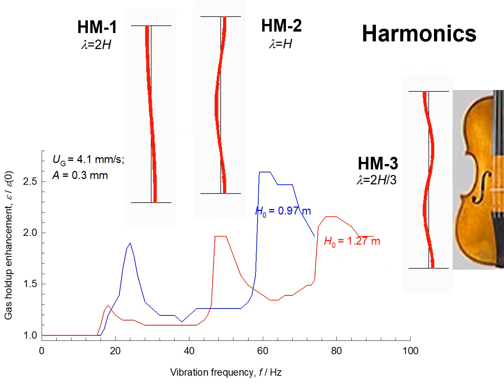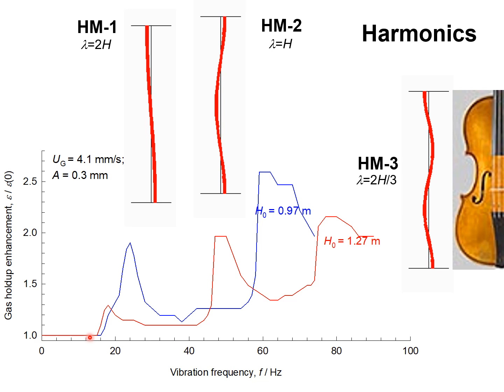Let's look at 2 sets of experiments with bubble columns. We first look at the blue line that shows a set of experiments in which the clear liquid height in the bubble column, which is water, is 0.97 meters or 97 centimeters. And we plot the gas holdup enhancement.